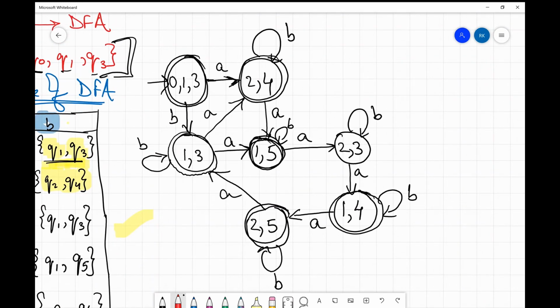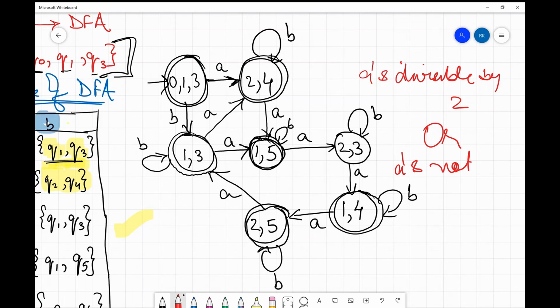Now, if I try checking my constraints over here, the constraints were that the DFA should contain A's divisible by 2 or A's not divisible by 3, right? Now let's take some strings.